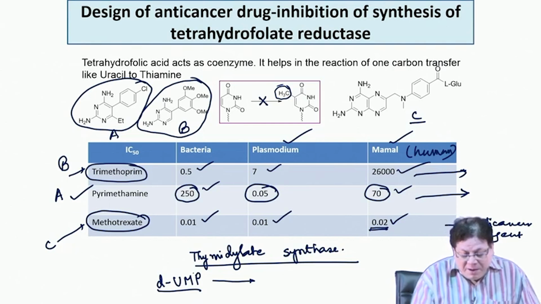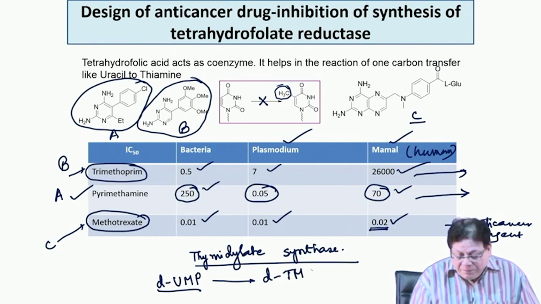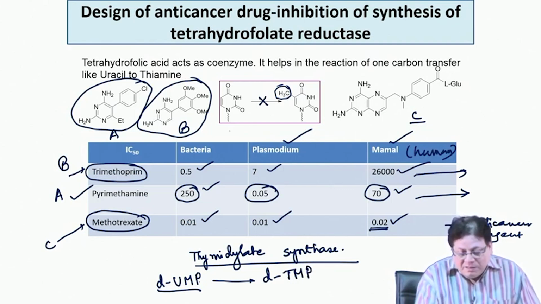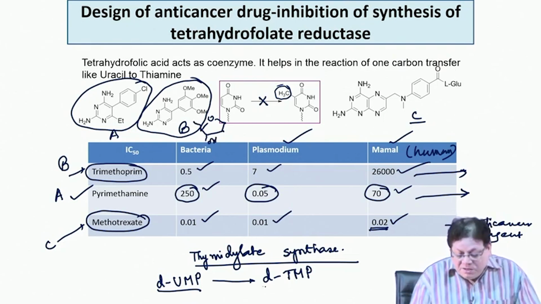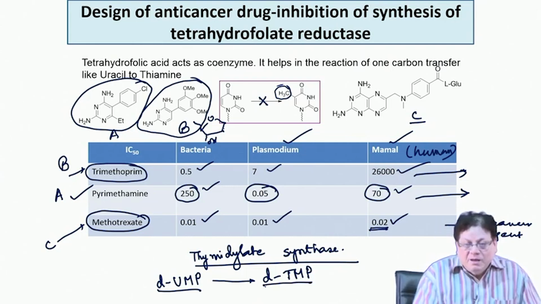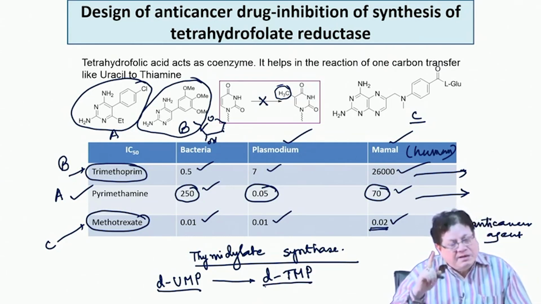So, dUMP conversion to dTMP, deoxyuridine monophosphate, and remember this is deoxyuridine. So, the sugar basically lacks the 2' OH, and this is the phosphate. So, this is dUMP converting to dTMP. This is also known as uridylic acid, because the phosphate is actually an acid.